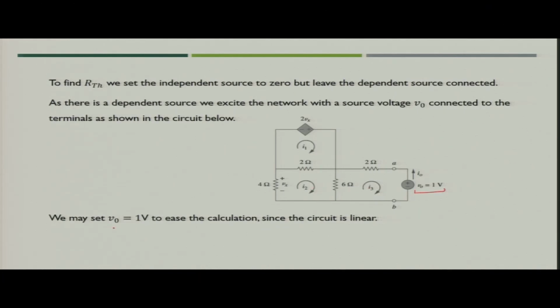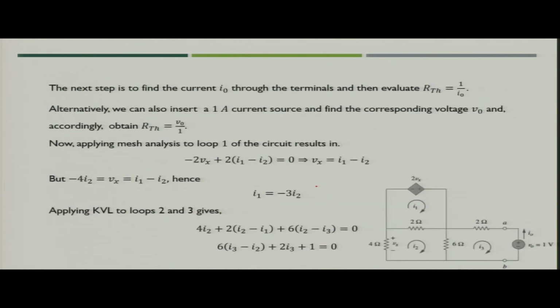Now, what we have to do? We have to solve the circuit using mesh analysis. So, what would be the value of the mesh equation in case of loop 1? So, this is loop 1.